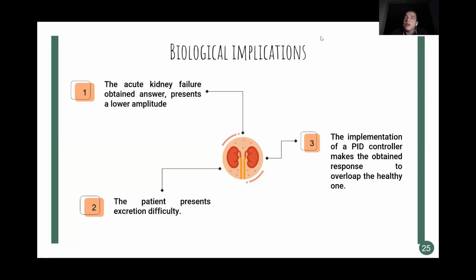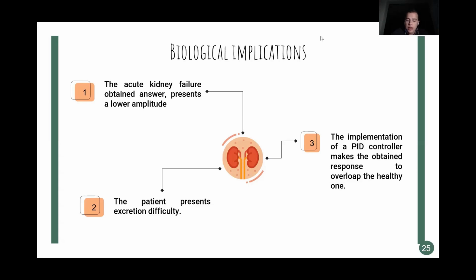So it was clear that the use of the PID controller was the best option, because as we saw in our responses in our different software, the controller always overlapped the healthy patient.